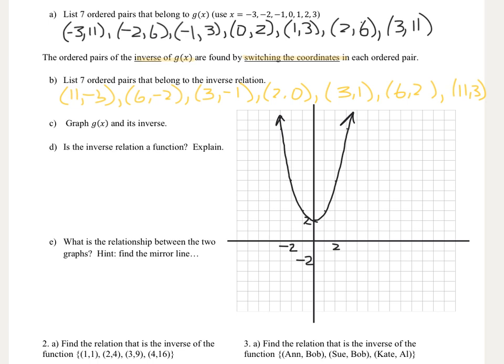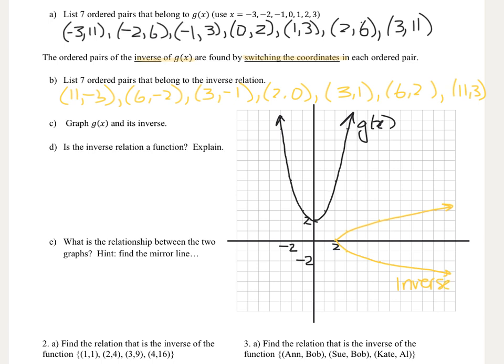And now we're going to take our inverse points and graph those. And there we go. So we have our original g of x function up here. And this one we're just going to label as inverse for now.